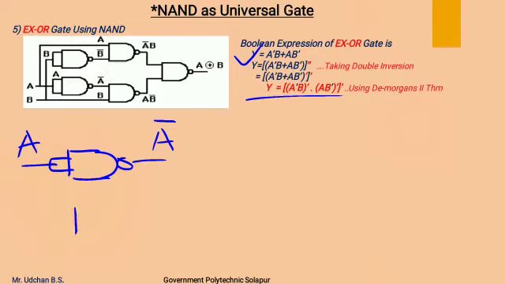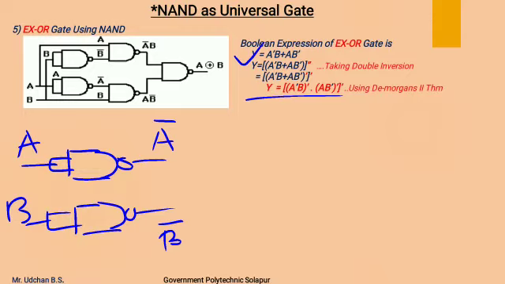Again, using a second NAND gate, I can get b complement. Now I have a variable and its complement, b variable and its complement. Now I can get this first term, that is a complement b its complement, using a third NAND gate.